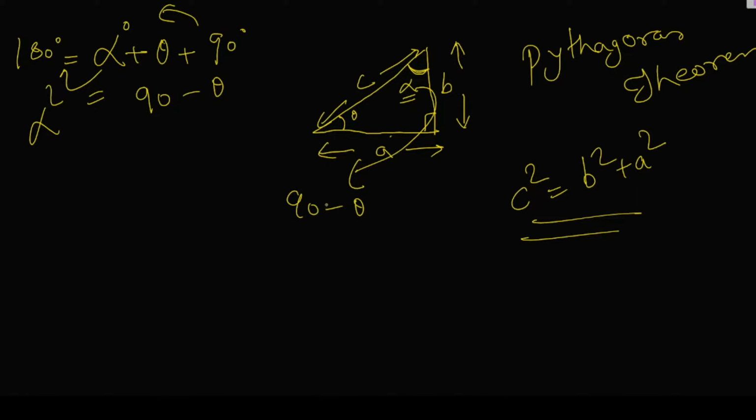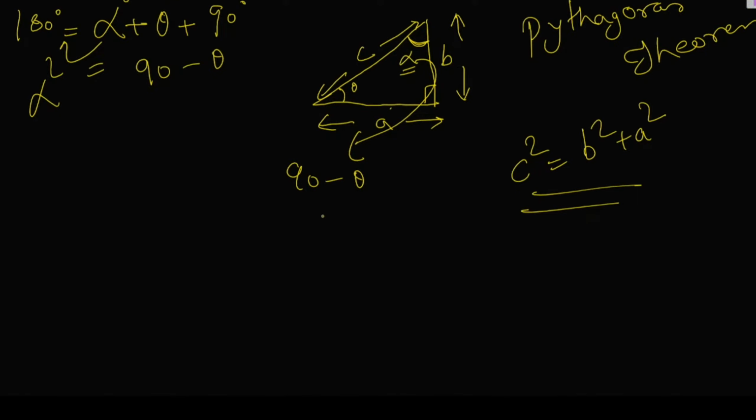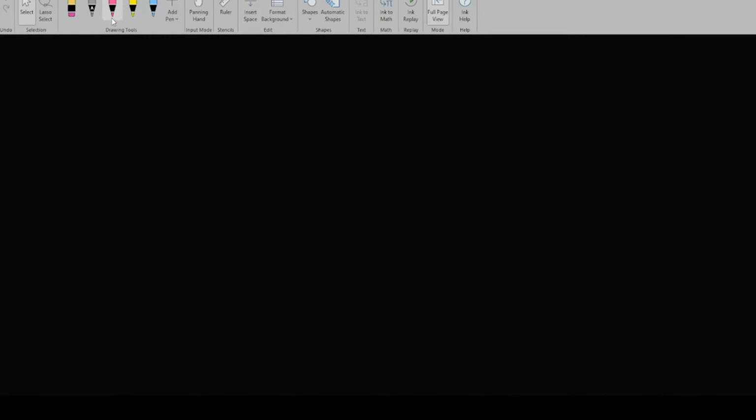So we can say in a right angle triangle that if this is theta, this would be 90 minus theta, and this is 90 degrees.